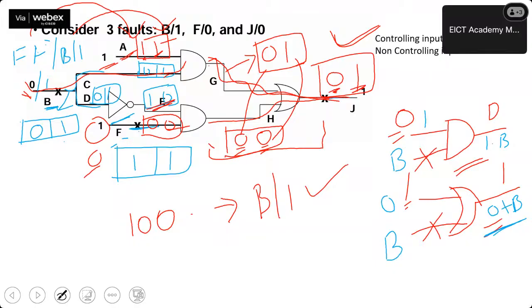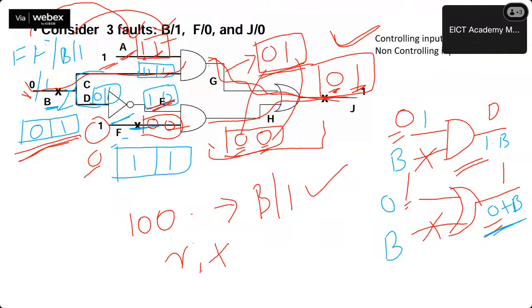Now, in this particular case, just have a look. At each and every line, you have two sets of bits, meaning two memory elements are required. So how much space is required in the computer? You can just think about it. Now, let's say there are n number of faults. So for n number of faults, I have to repeat n number of passes.